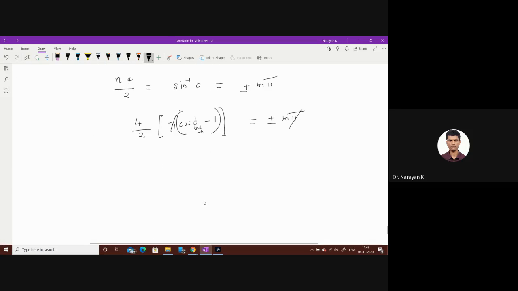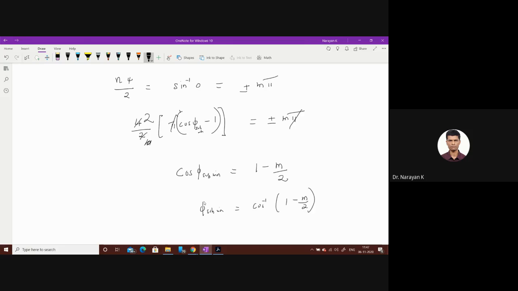Finally, you will get cos of phi subsidiary minimum is equal to 1 minus m by 2. Or phi of subsidiary minimum is equal to cos inverse of 1 minus m by 2.